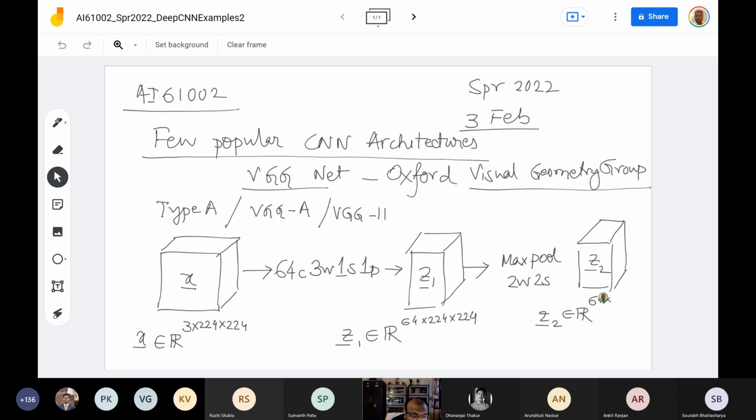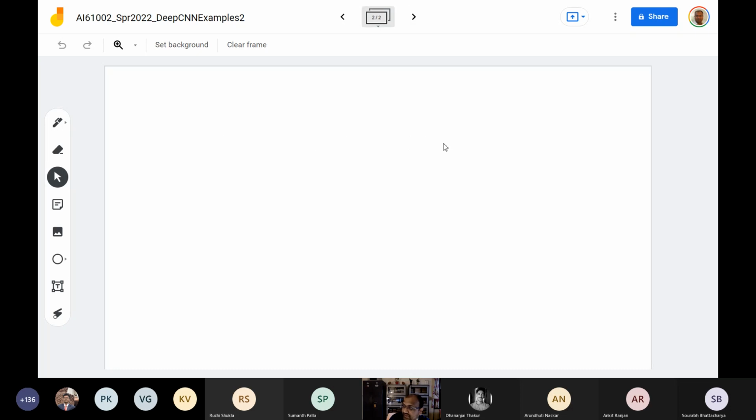What will Z2 look like? 112 cross 112 cross 112.